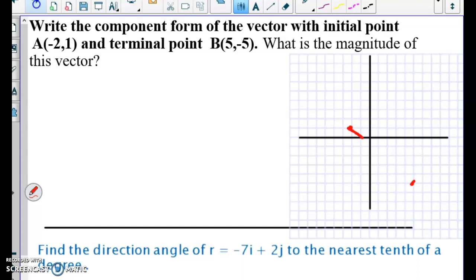So here is my vector, one side. And so what we're going to do is find the component form. My movement from point A to point B is right 7. My movement of the y value is down 6. And so there is my component form of that.